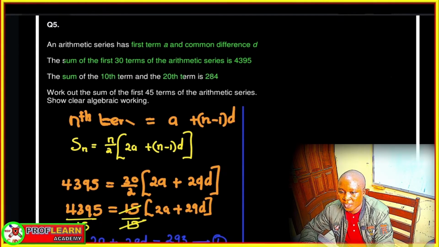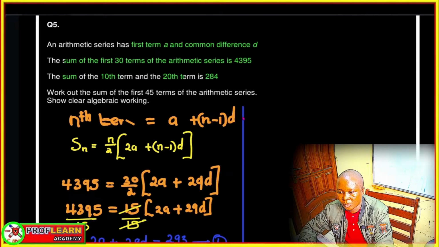Then we're moving to the second part. We're told the sum of the 10th and the 20th term. So we're going to use the first formula I had written here to find the 10th term, and also the 20th term. Once we have done that, we are going to add the two. Adding the 10th and the 20th term, we're going to get 284.